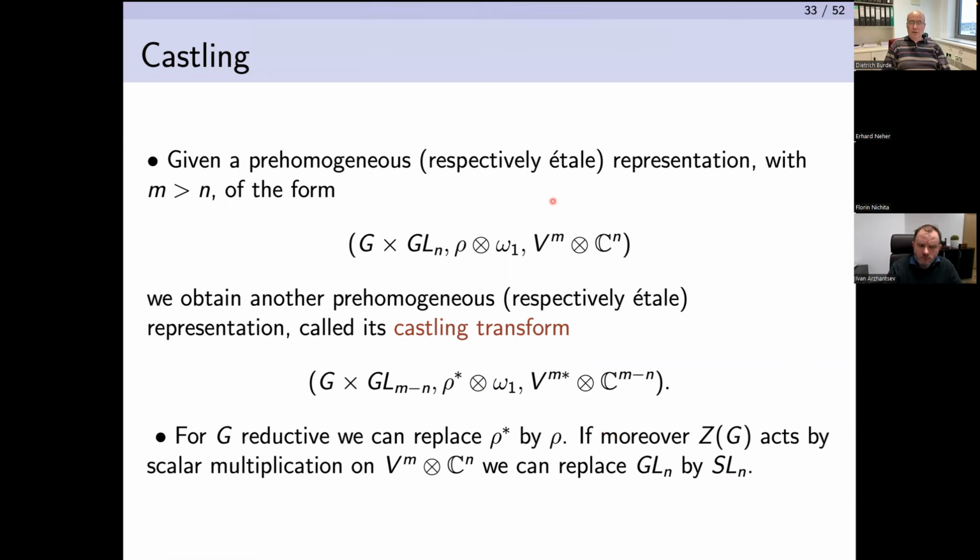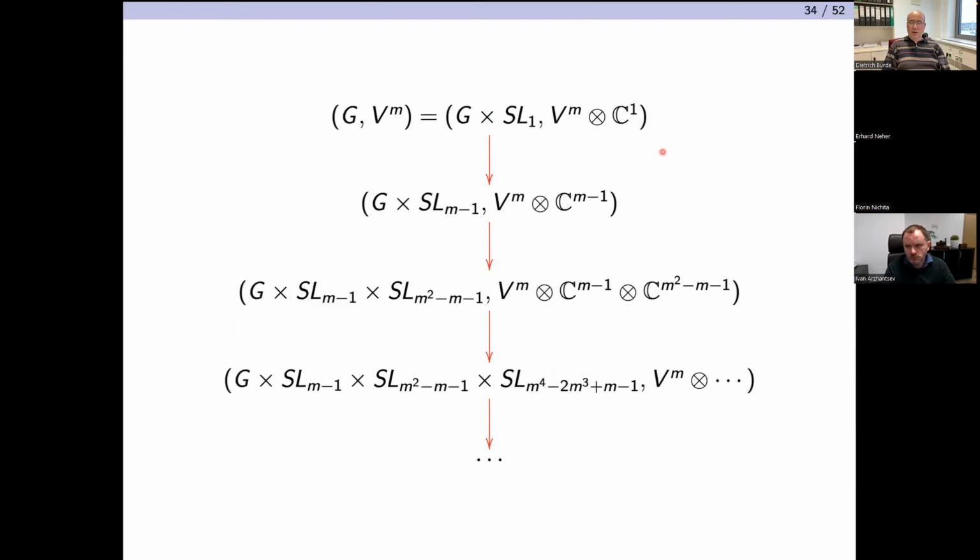What I want to say is, let me make one example where you can see what I mean. Imagine you start here with GLM. GLM has an associative product, so it has a left symmetric product, so it has an Etale representation. And then you trivially extend it by the trivial group SL1. You do this castling, and you get this factor here, and that's again Etale.